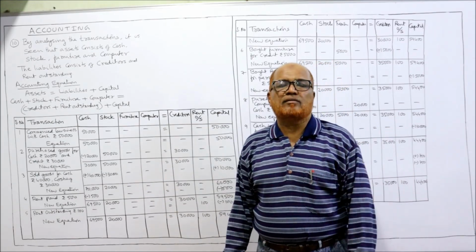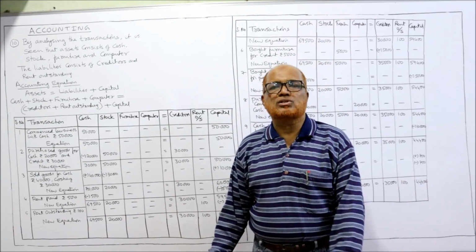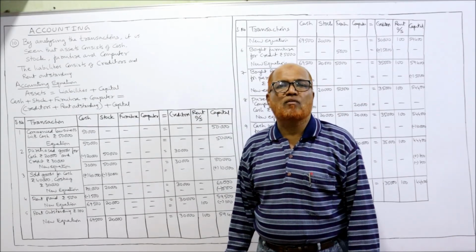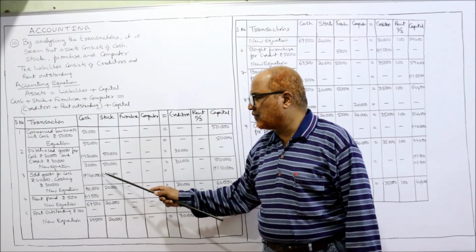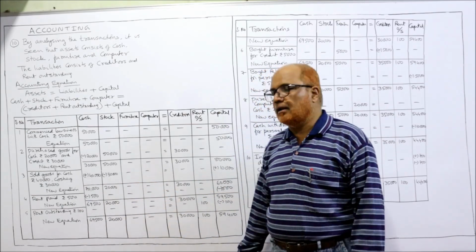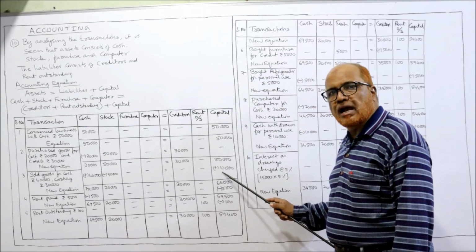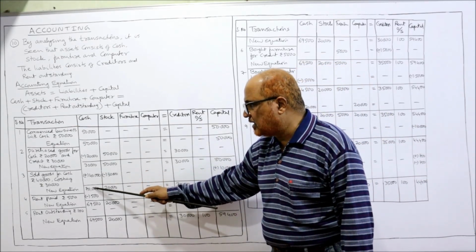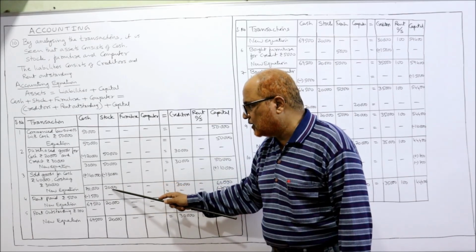40,000 is the selling price and 30,000 is the cost. Selling price minus cost is the profit. So 10,000 profit. And that profit will be added to capital. Here capital 10,000 added. Now check the equation. 30 plus 40, 70,000. 50 minus 30, 20,000.